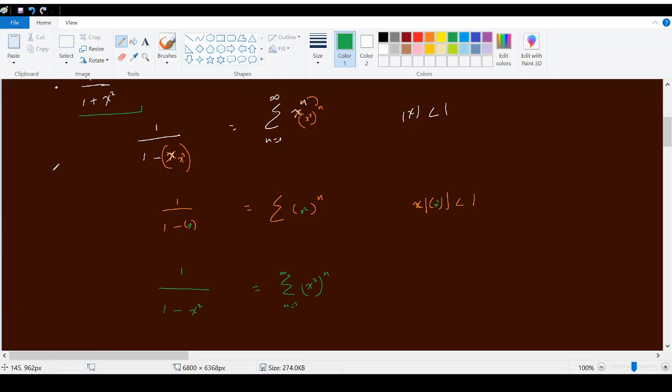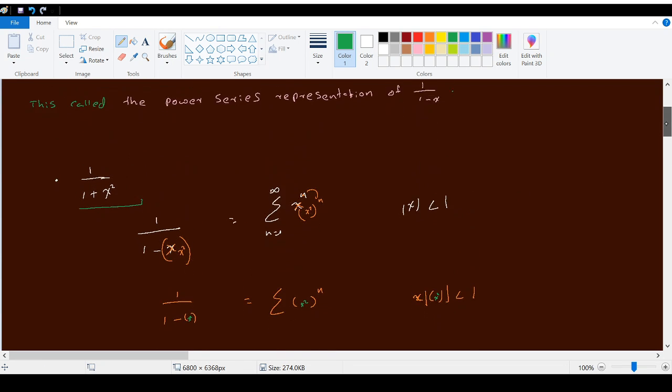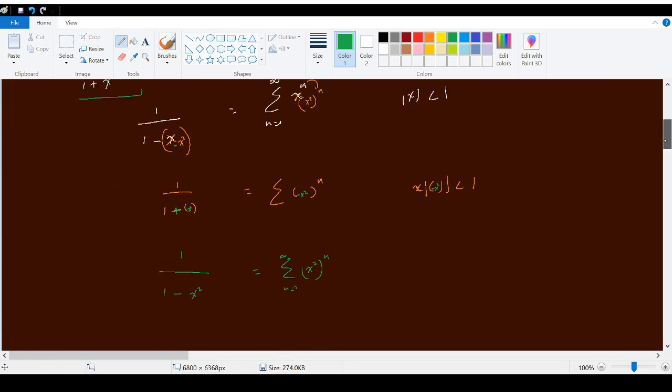So instead of just replacing this x term with x squared, we can replace it with negative x squared. So here you will get a negative term, and that along with this negative term will create a positive term. So here you will get negative, and here you will get negative, right?